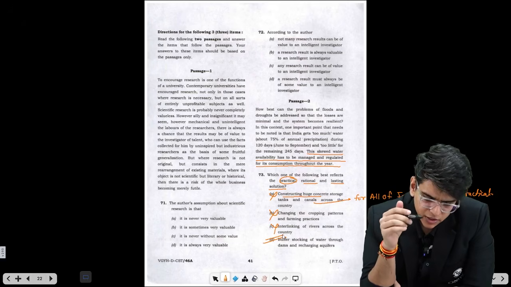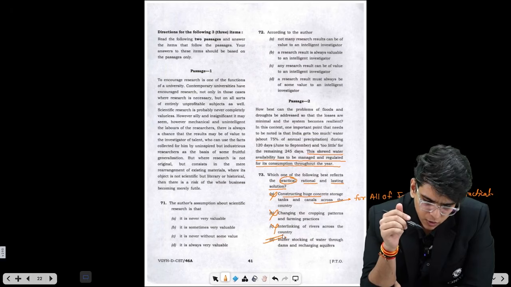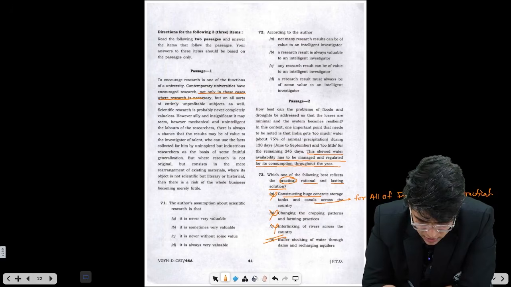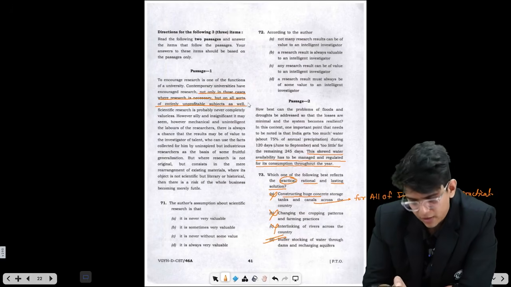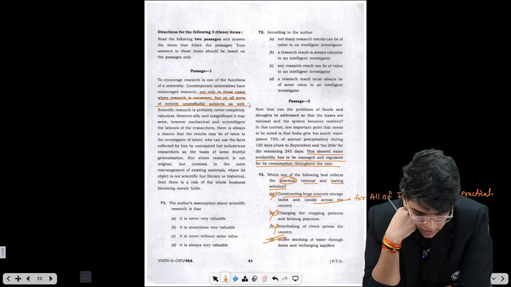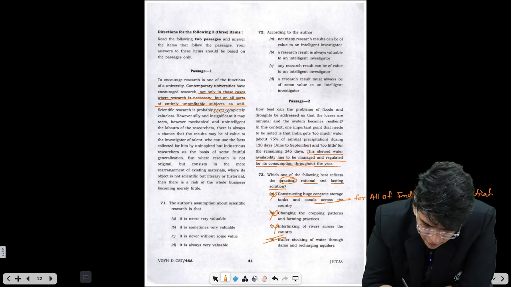To encourage research is one of the functions of a university. Contemporary universities have encouraged research not only in those cases where research is necessary, but all sorts of entirely unprofitable subjects as well, right? So on both sides. Scientific research is probably never completely valueless.